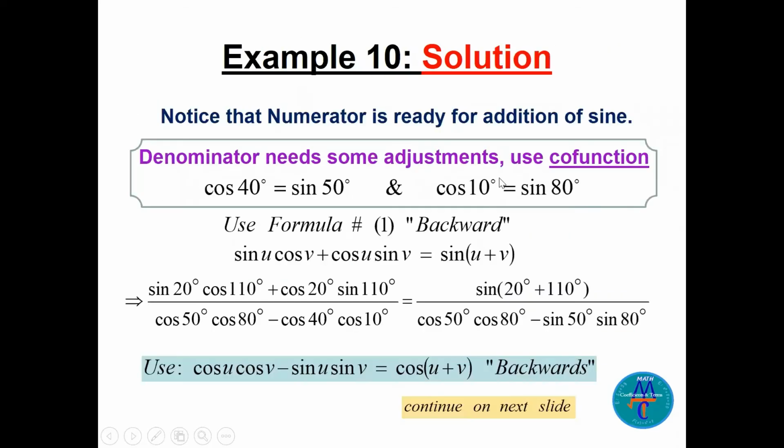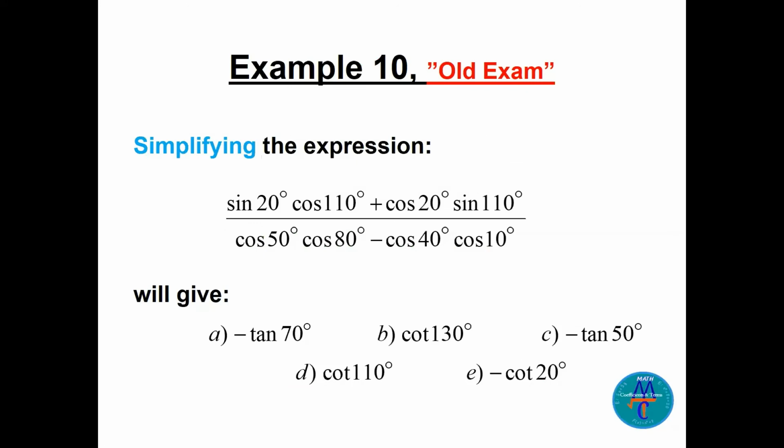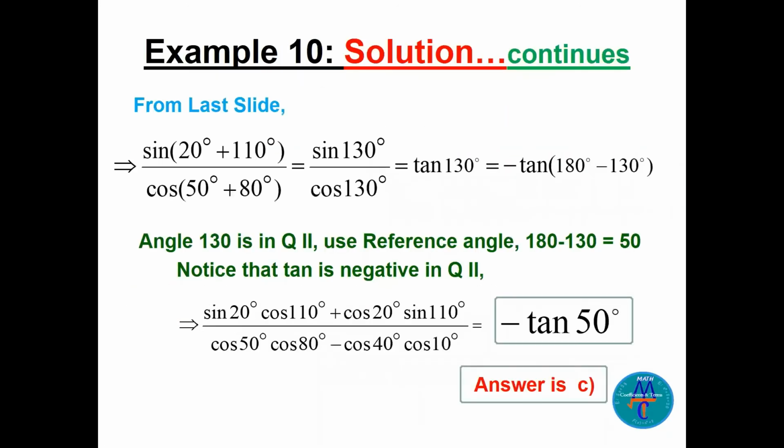As you can see, maybe the answers here, there is no tan 130. So we have to change the answer a little bit. 130 is in quadrant 2. So we find the reference angle, 180 minus 130, and the tangent function is negative in quadrant 2. So it will be minus tan of 180 minus 130, minus tan 50 is the answer. C is the answer.